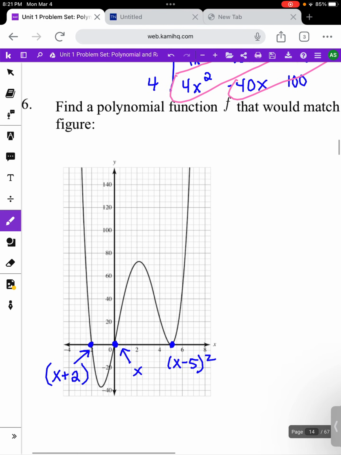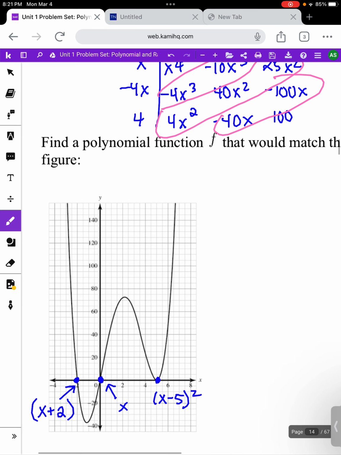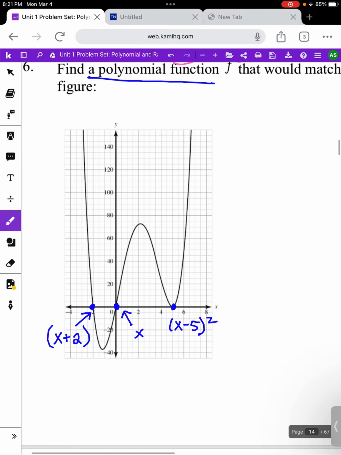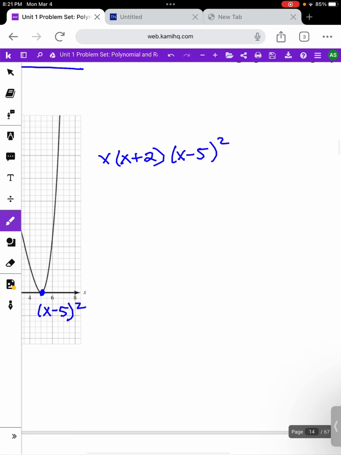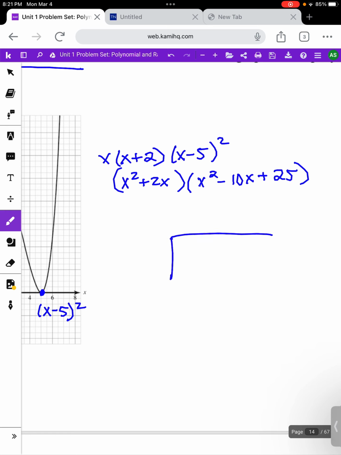And it's saying a graph that would match a polynomial function. Not the polynomial function, a polynomial function. So x plus 2, x minus 5 squared. Again, we're going to multiply all this out. So we get x squared plus 2x times x squared minus 10x plus 25. Sorry for the people that hate the box.